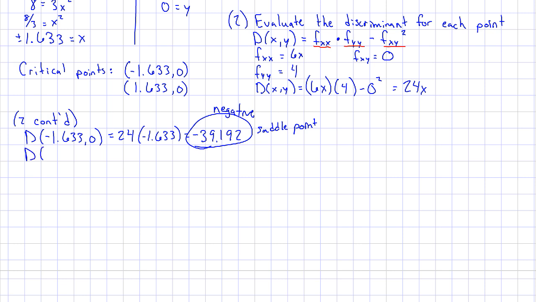When I evaluate the discriminant for my positive value, I get the same number, just positive. So positive 39.192. Okay, so now because it's positive, it means that it is uniform concavity.